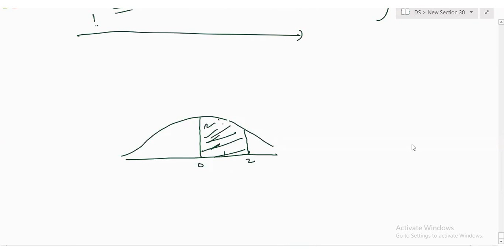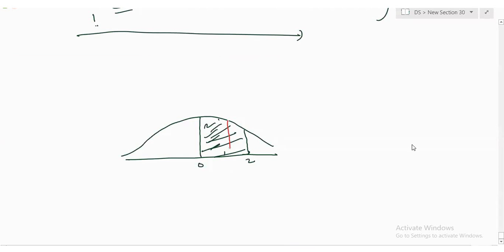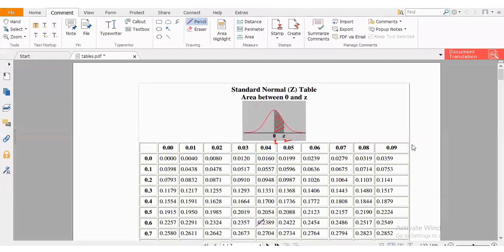I am finding out what area I want. I want this part, right? This is 1 and this is 2. But what is my table giving? The area from 0 to 2 it is giving, and I can find out the area from 0 to 1 also. How am I going to get it? Let us see.